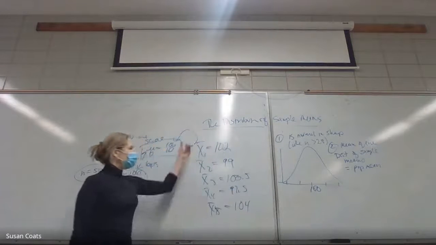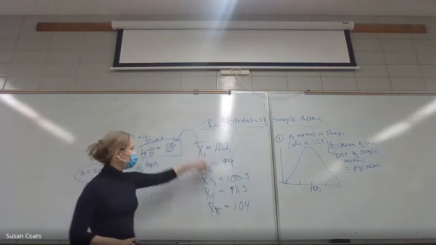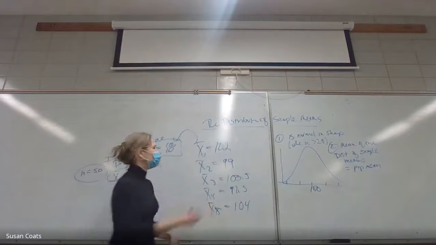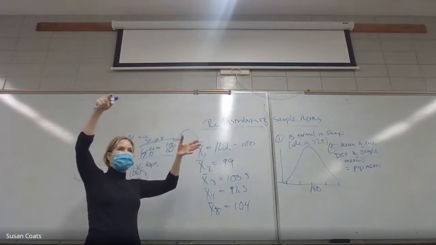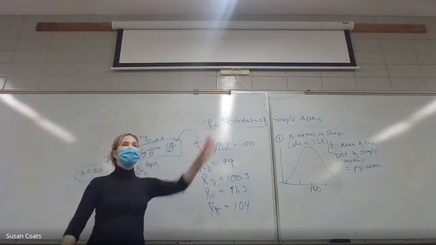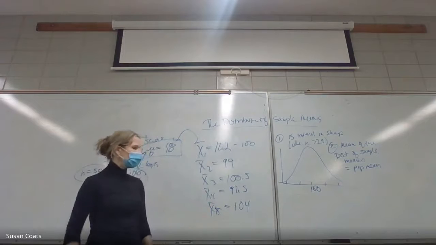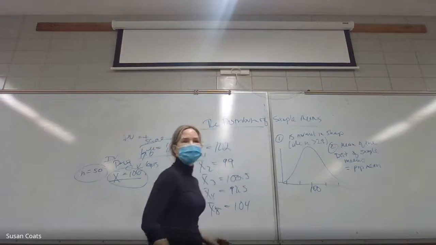So we can compute the standard deviation by taking each score, and again, we're treating the sample mean as a score, subtracting the mean. We know how to do that. Take the deviation, square it, sum them all together, divide by n, and take the square root. So theoretically, we could do that.